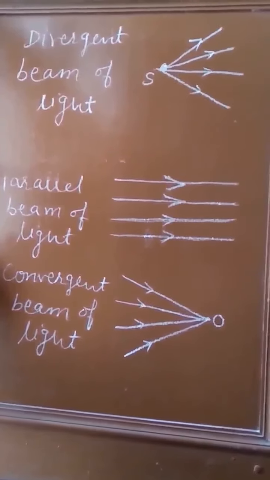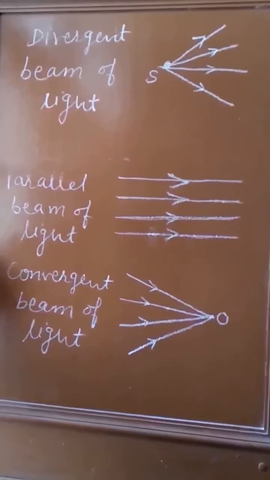Means these rays diverge. This is a divergent beam of light.